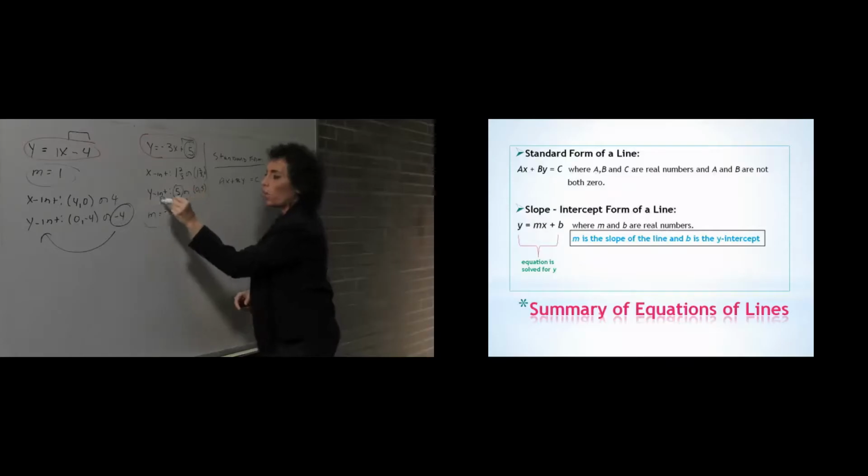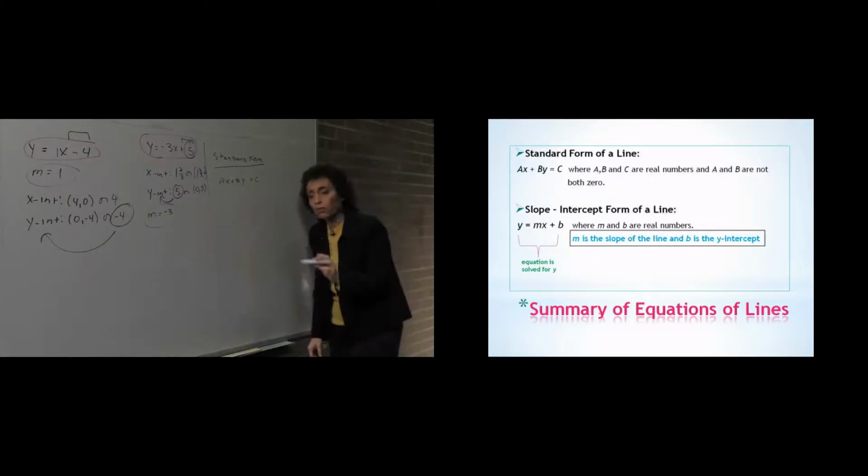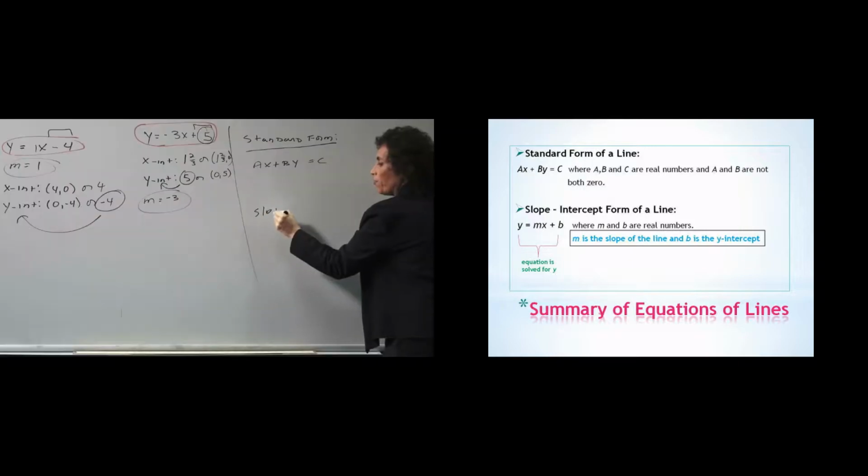That is the y-intercept. So we have something called standard form, which we talked about before, and I'll talk more about that in a second. And we have slope-intercept form of a line.